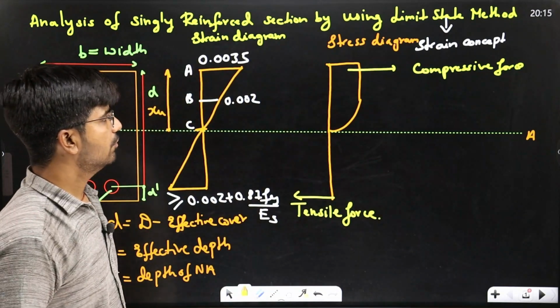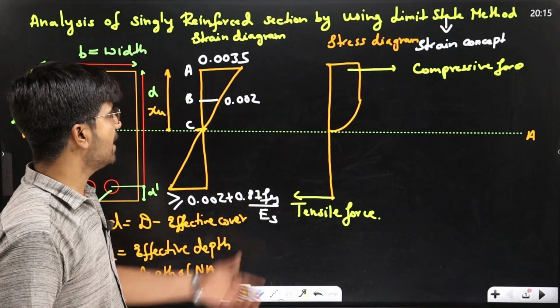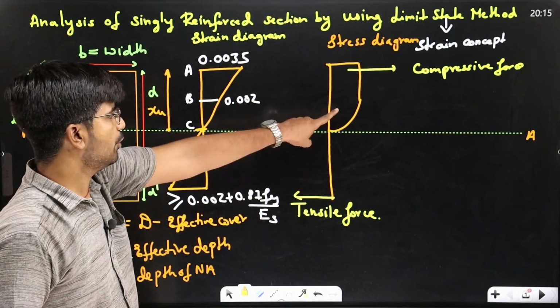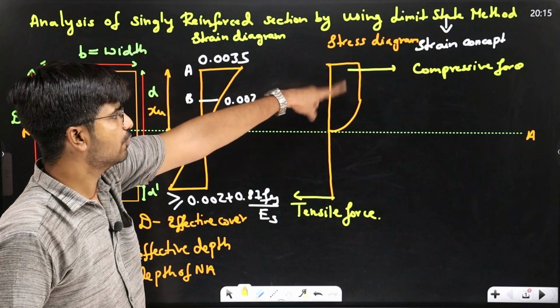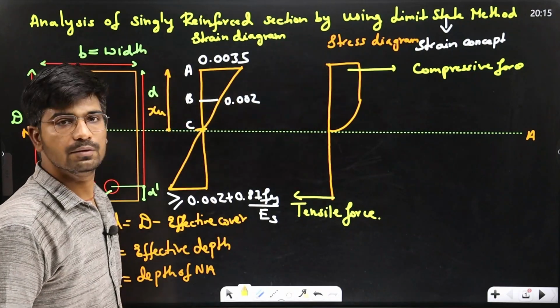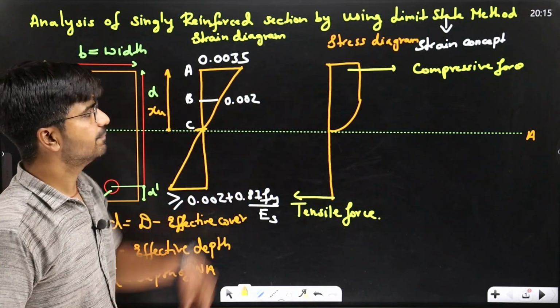So now this is your stress diagram by using this strain diagram. Up to 0.002 it is parabolic, then it is constant.